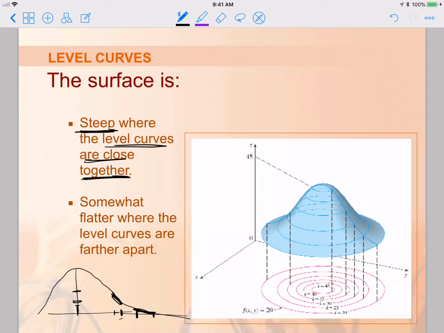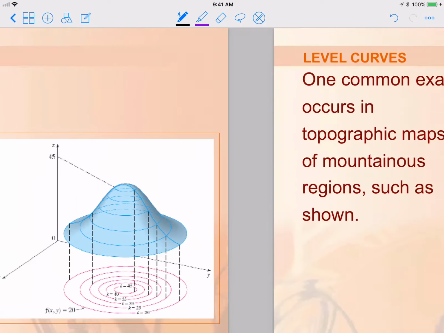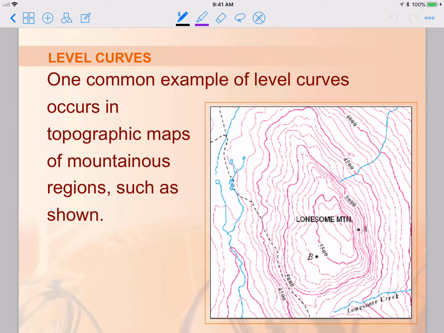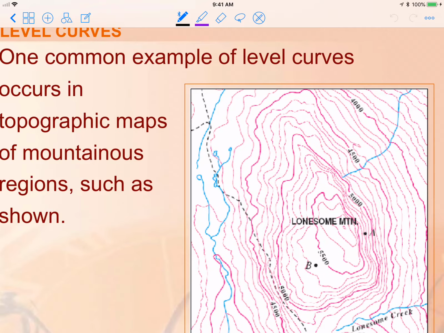That's what makes it steep. Each of these level curves represents the same elevation. So if the level curves are close together, that means you are changing elevation with a very small change in the xy plane. Okay. Common examples: topography, maps of mountainous regions, right?